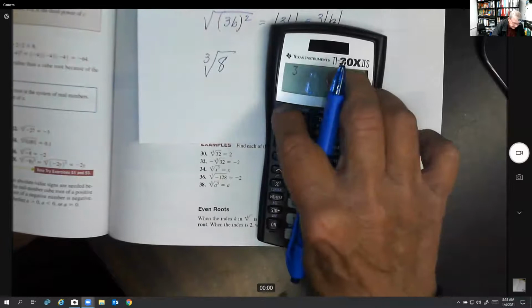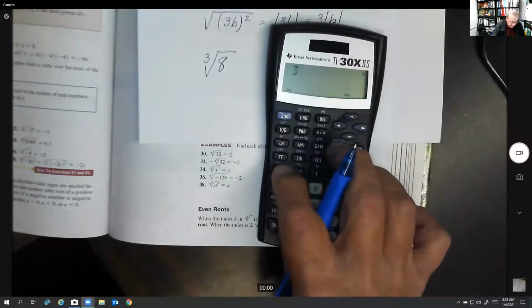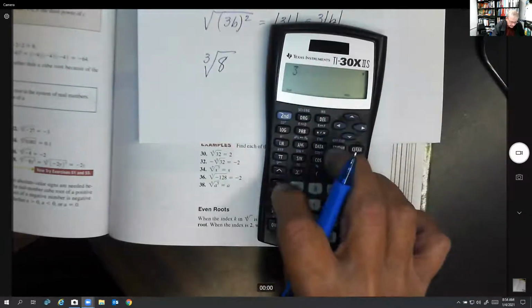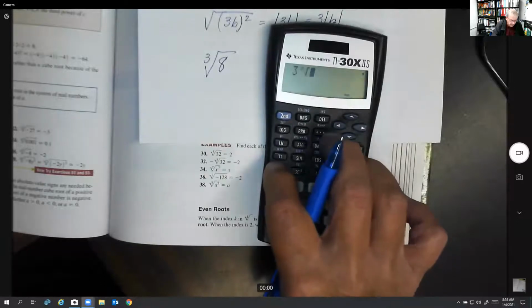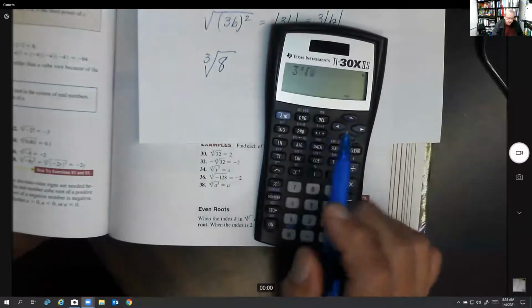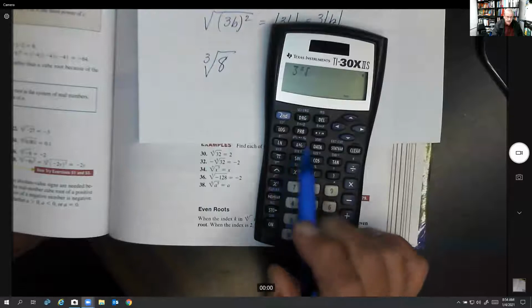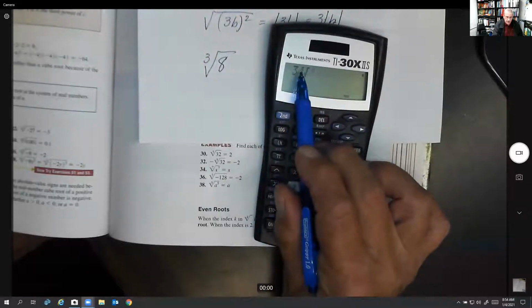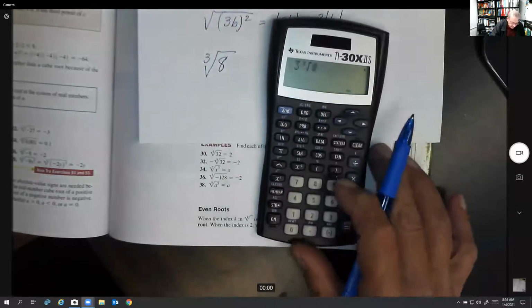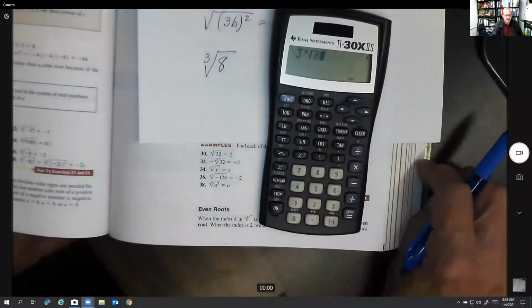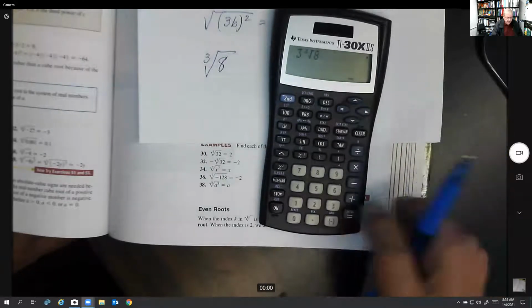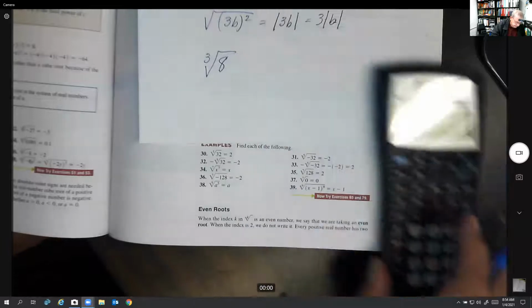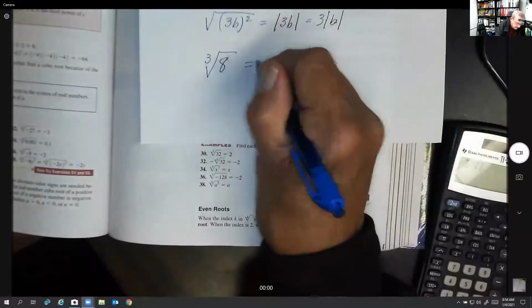Then we hit second, not x squared, excuse me, but up arrow. See, this 3 is filling in this little x right there. And then we put in our 8, and then we hit equal: 2. So the cube root of 8 is 2.